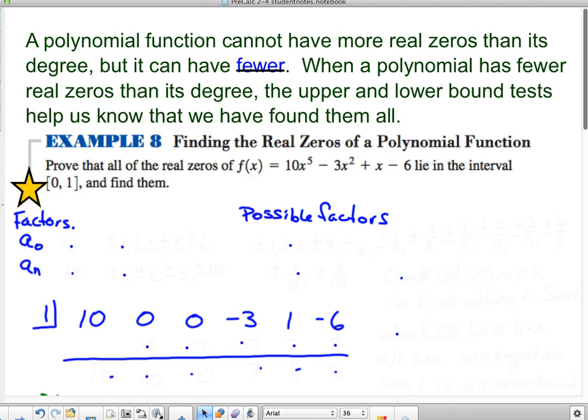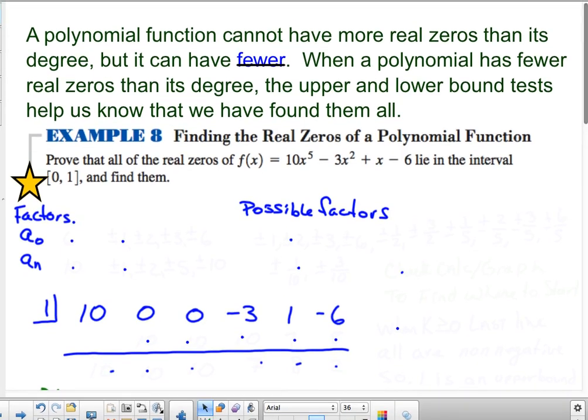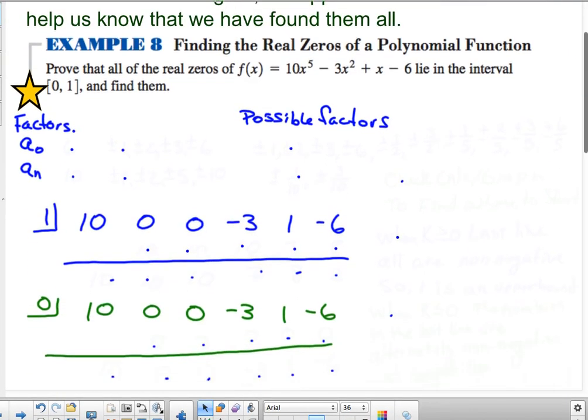To check them, check out the actual graph of the function to tell you which ones you're going to go to first. There are going to be a couple that you can't guess at because they are not rational. So we have to use our rational ones to help us find the irrational ones.